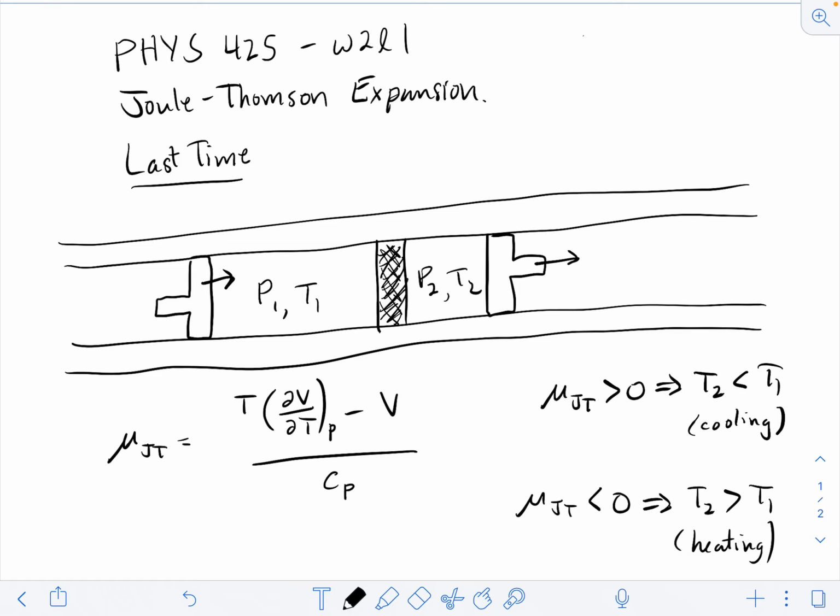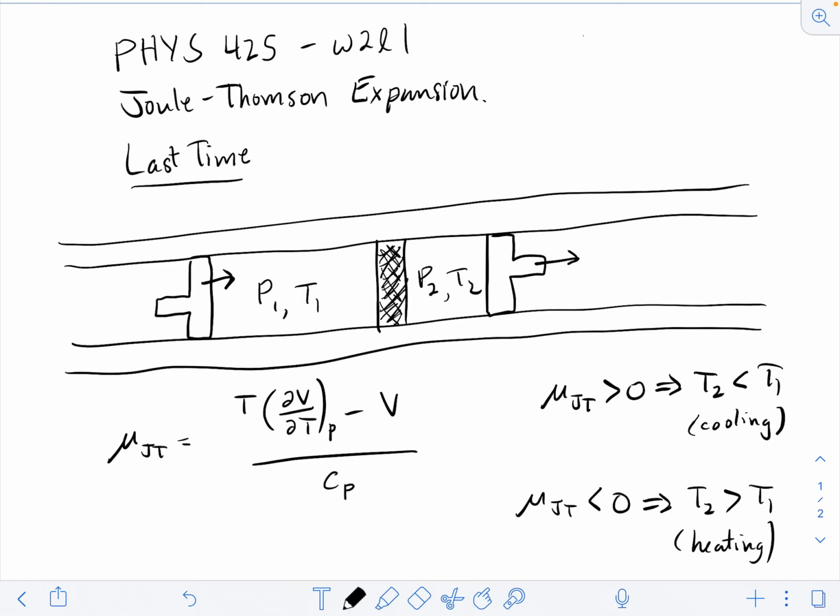The reason that it's needed is because in the Joule-Thomson expansion, we require a pressure difference between the left side and the right side. So if the plug let gas flow through very easily, then you wouldn't be able to establish a pressure difference between the two sides.